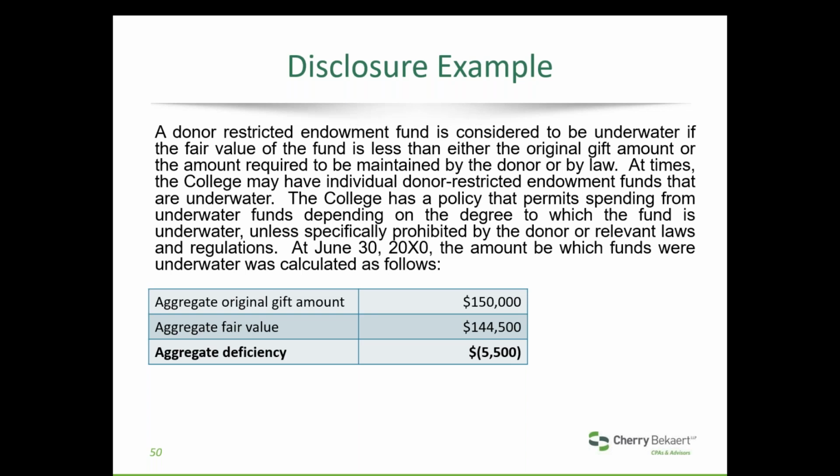And it also goes on to say that the college has a policy that permits spending from underwater endowment funds depending on the degree to which the fund is underwater unless specifically prohibited by the donor or relevant laws and regulations. So your entity may have a different spending policy, which is completely fine. It just needs to be disclosed. And then this example also shows the original gift amount, then the aggregate fair value, so what it's currently valued at, and then the total amount underwater.